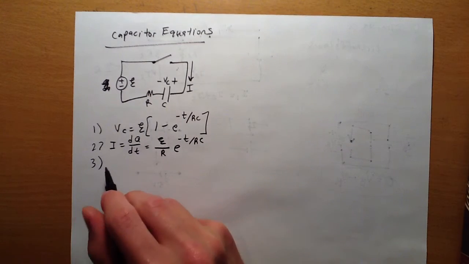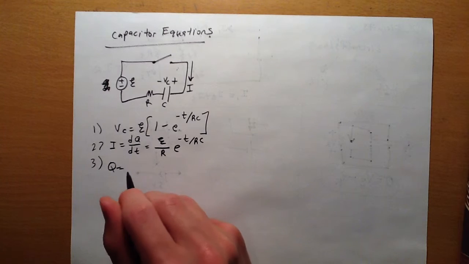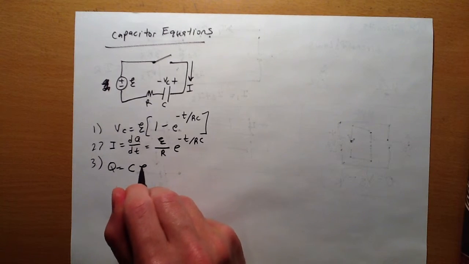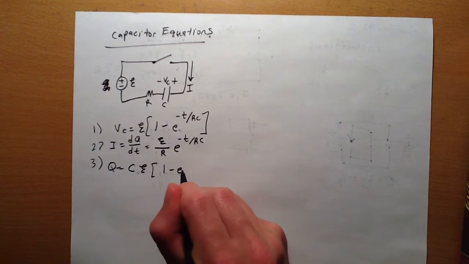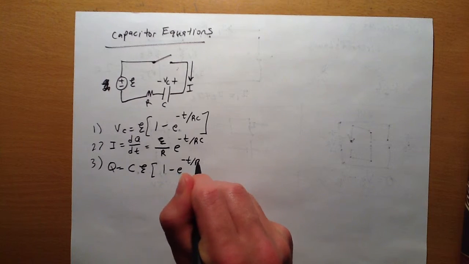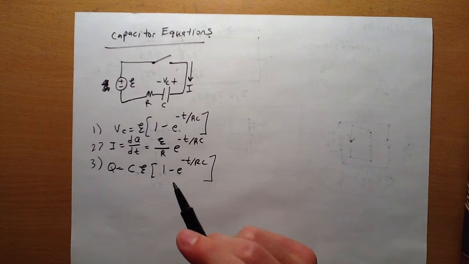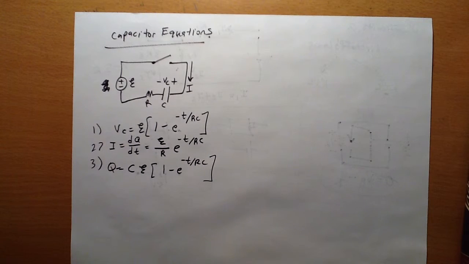And the third equation is charge equals capacitance times epsilon times 1 minus e to the negative t over RC. So all these different equations, I would suggest writing them down, memorizing them.